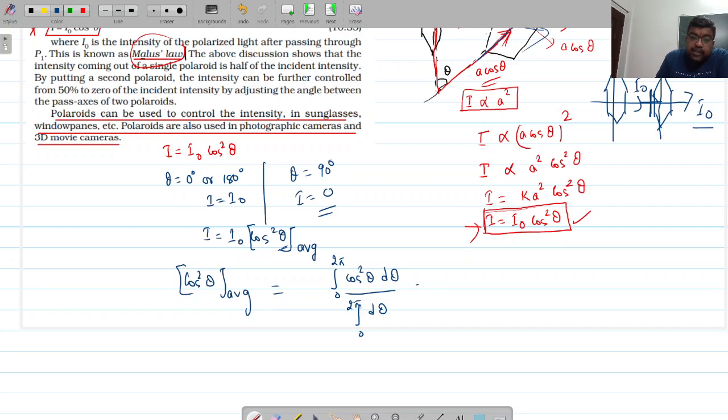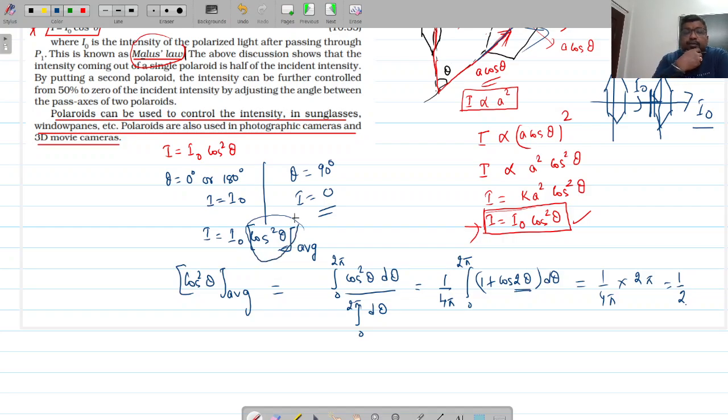So this is 1 by 4 pi times the integral from 0 to 2 pi of (1 plus cos 2 theta) d theta. If you integrate, the cos 2 theta term reduces to 0. So we have 1 by 4 pi into 2 pi, which is equal to 1 by 2. So the average value of cos square theta is half.